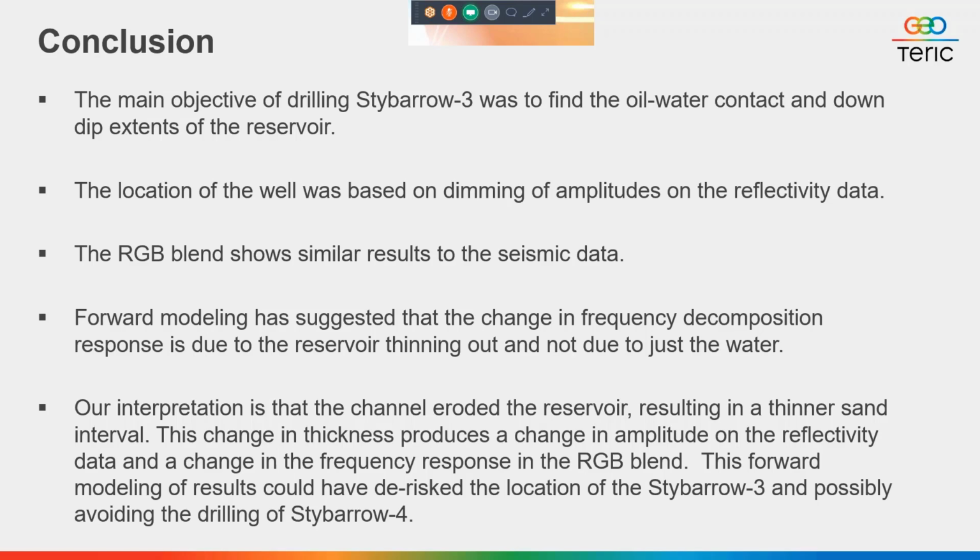The location of the well was based on the dimming of the amplitudes on the reflectivity data, and the RGB color blends from frequency decomposition also show a dimming at that location. But the forward modeling work that we did suggests that the factor that's giving more weight to the frequency decomposition results is the thinning of the reservoir and not a fluid change.